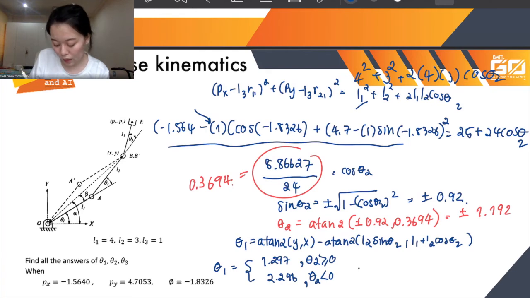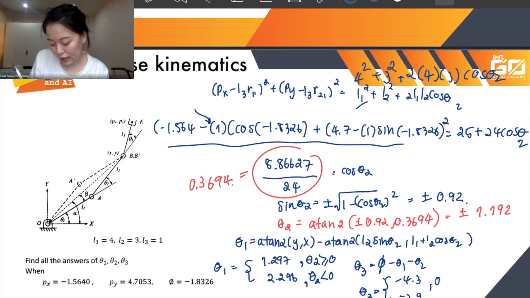And next is to find theta 3. Theta 3 is from phi minus theta 1 minus theta 2, so theta 3 will be equal to minus 4.3 and minus 2.9, for theta 2 positive and theta 2 negative.